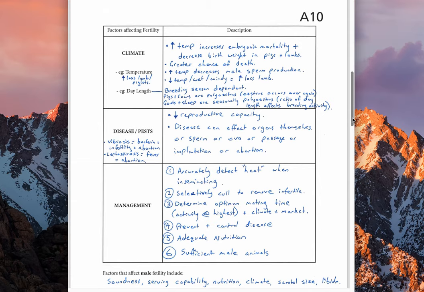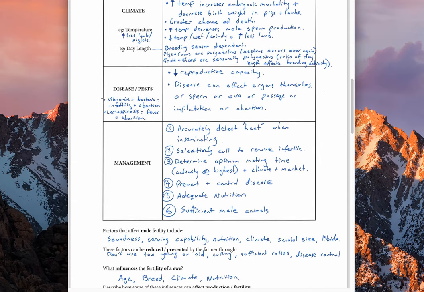Okay, moving on to disease and pests. We have examples here. Vibriosis is a bacteria that leads to infertility and abortion, and leptospirosis causes a fever, which also can lead to abortion. If the animal is sick, unwell, it clearly probably is trying to fight that infection, even if it's elsewhere in its body and not in its reproductive organs.